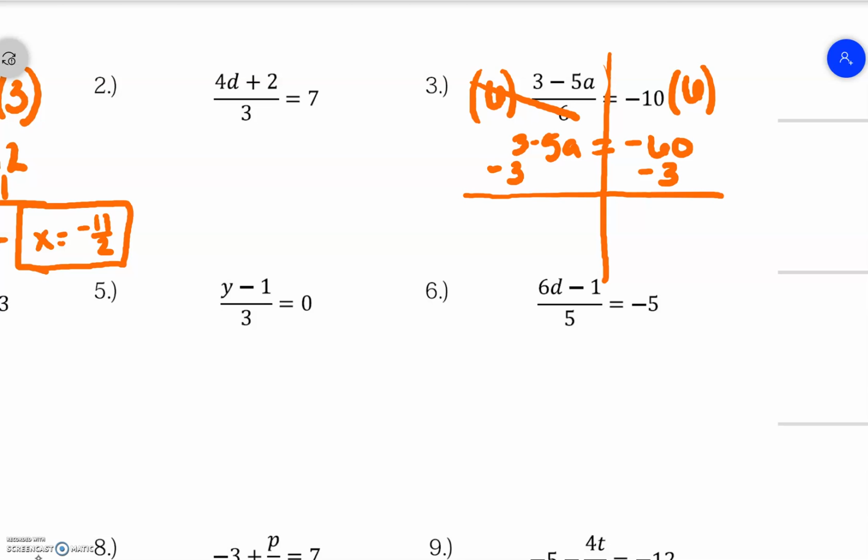Right, because 3 is positive, so we need to do the opposite of that. And the opposite of positive would be negative or subtraction, because negative and subtraction mean the same thing. So 3 minus 3 would be 0. Bring down the negative 5a equals, and negative 60 minus 3 would be negative 63.